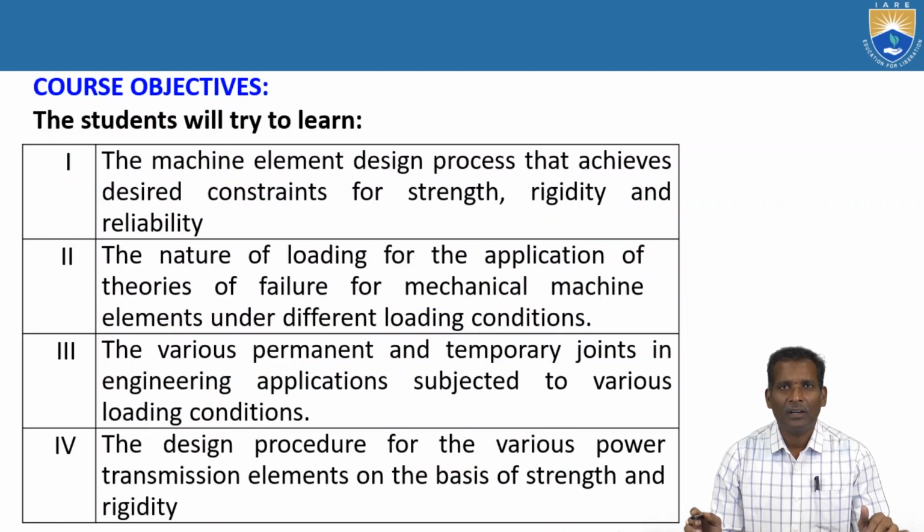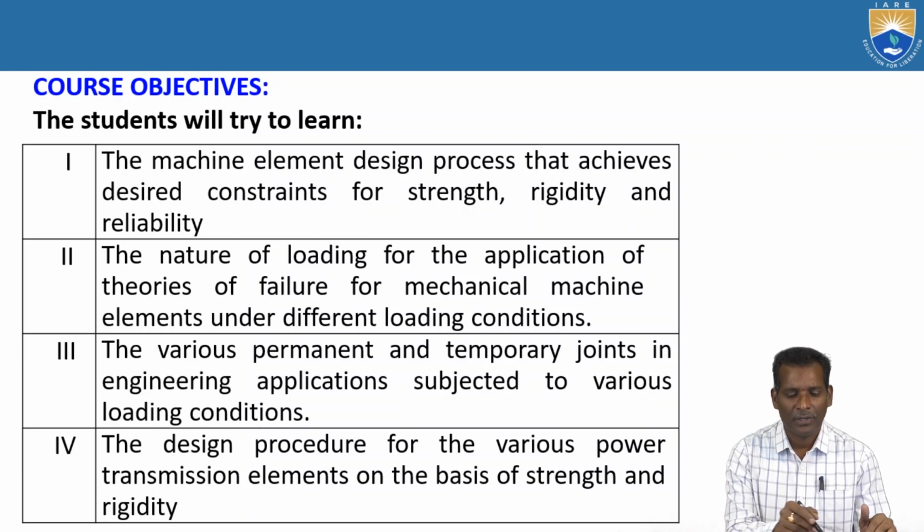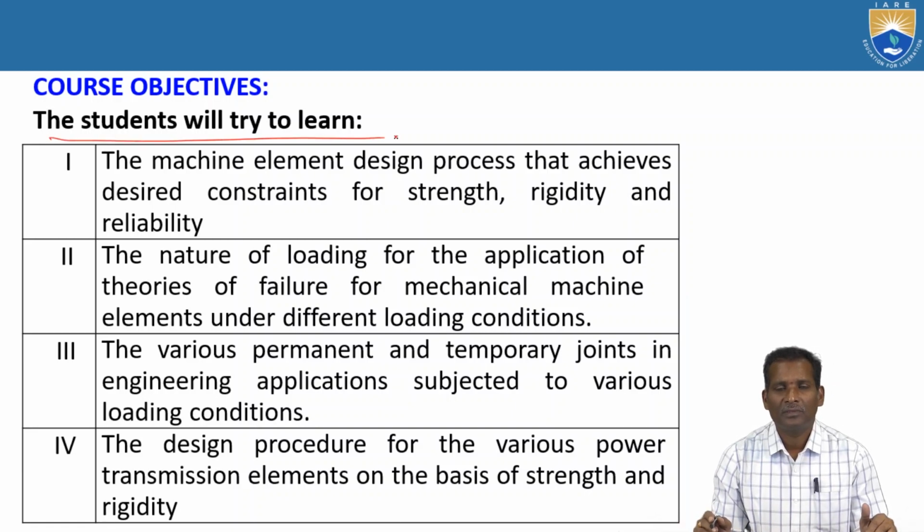So the defined objectives in this subject: the students will try to learn, first, the machine element design process. Already I told you the design process achieves the desired constraints for strength, rigidity, and reliability.